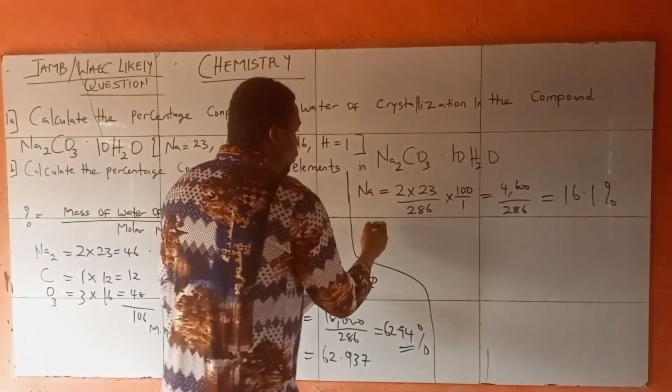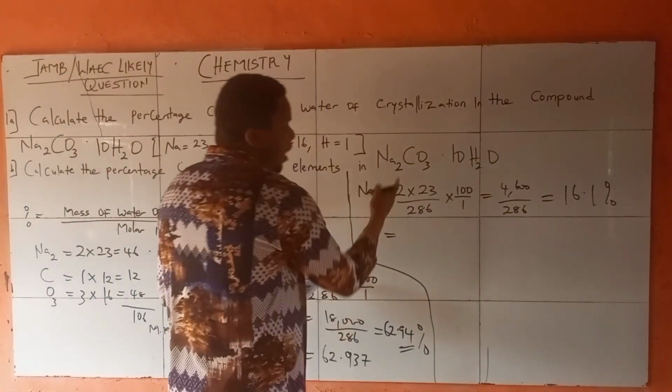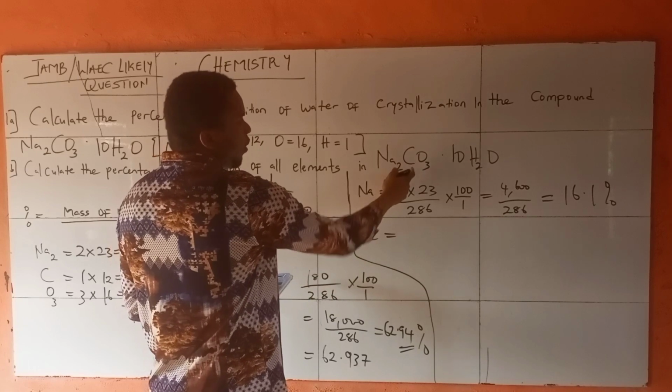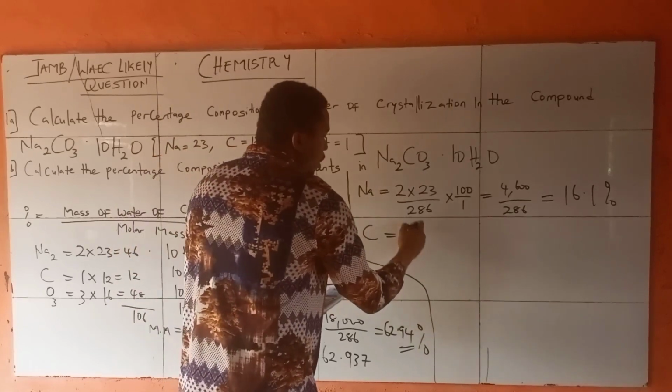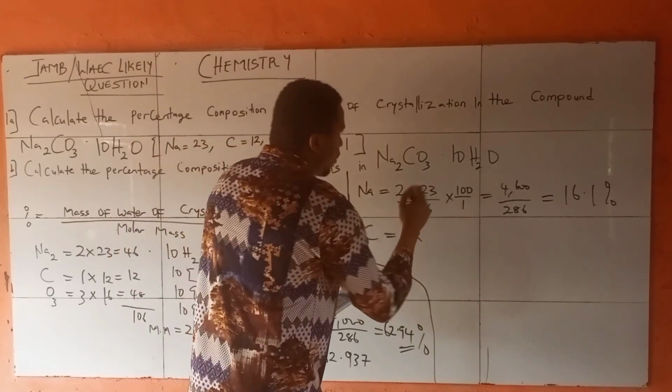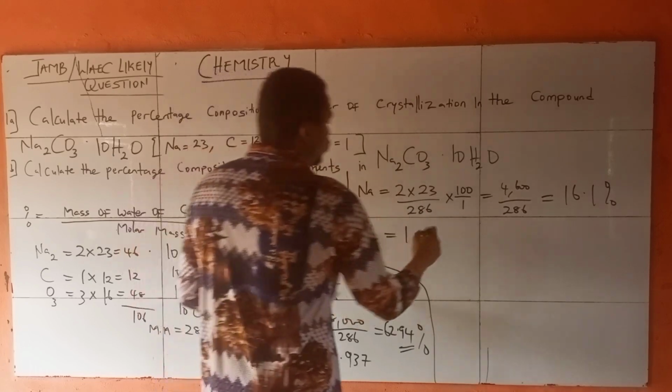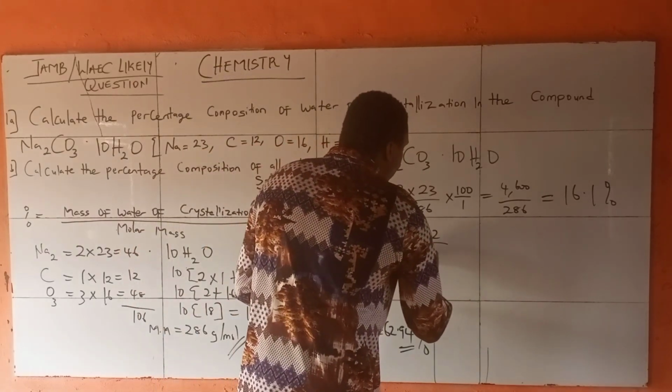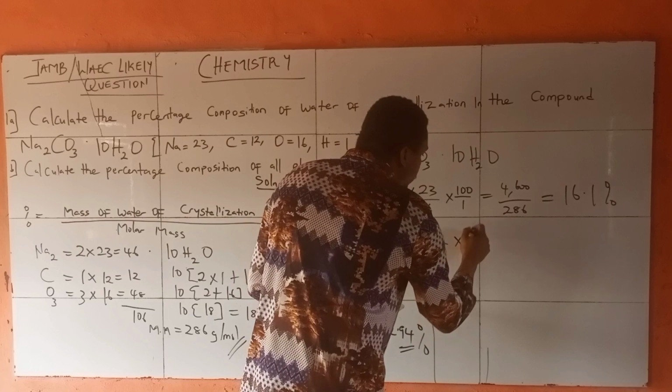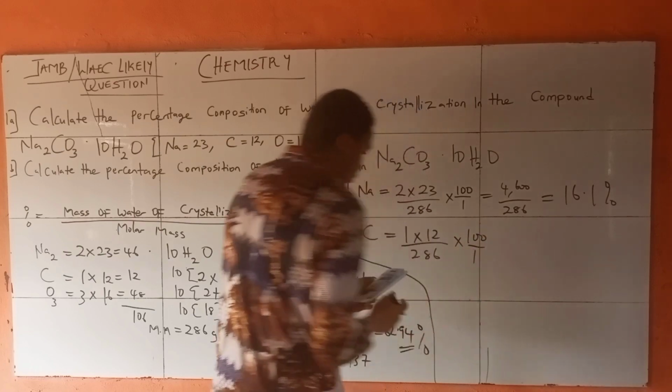Okay. The next one is carbon. We have just 1 atom of carbon here. So it will be 1 times the mass of carbon, 12, over 286 times 100 over 1.